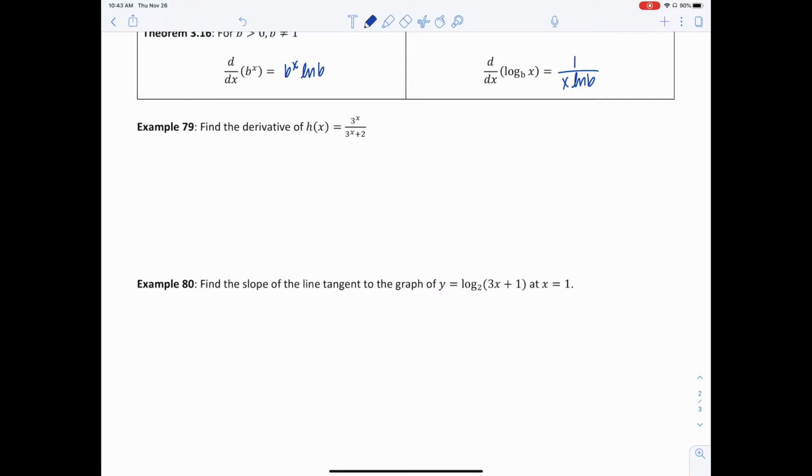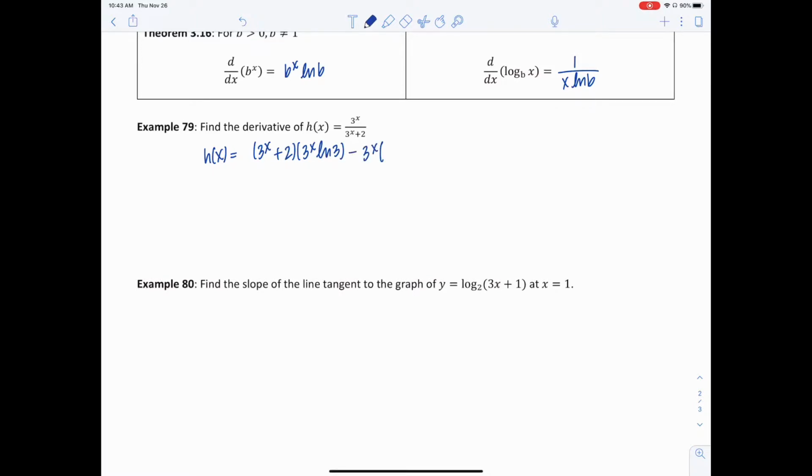Okay, derivative of h of x. This is going to use quotient rule because we have x's on top and on bottom. So we have low d high. So the derivative of 3 to the x is going to be 3 to the x times ln of 3. Minus high d low.